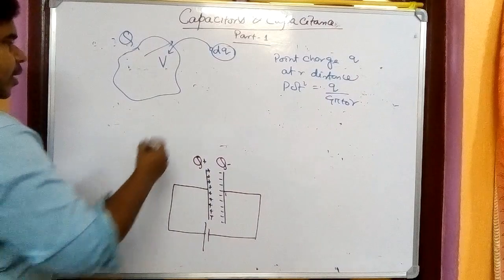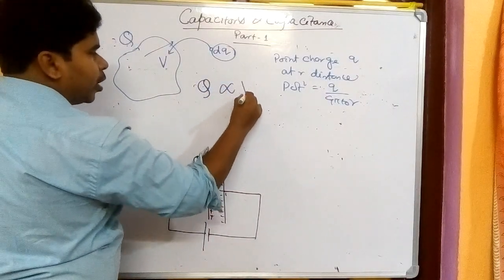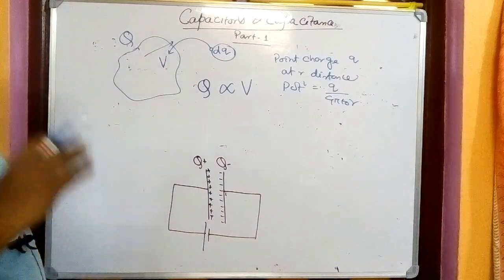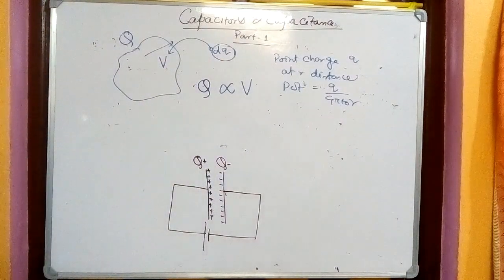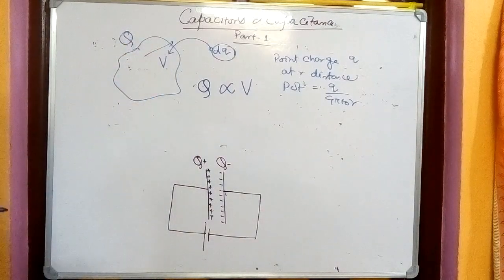So we can say that the charge is directly proportional to the potential V. More the charge, more the potential. Here, if I take another conductor, the distribution of charge is different, and the potential may be different.